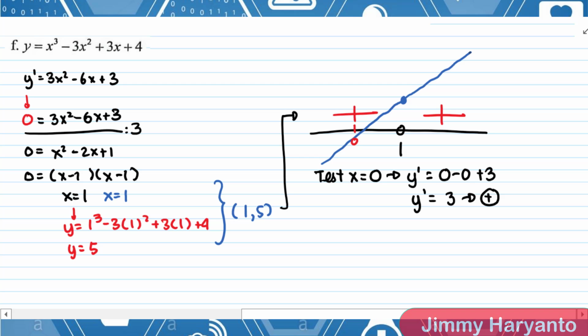So increasing, that means this one is an inflection point. Okay, that is for number 1f.